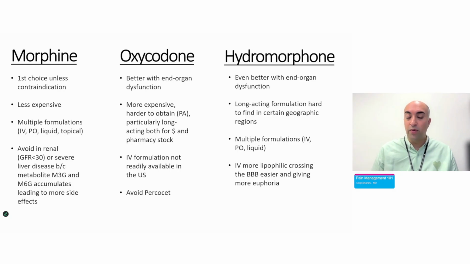We encourage you to avoid Percocet because, based on the Tylenol, it might limit how much oxycodone you can use, unless there's a strong reason to use it and they're on a pretty minimal dose. We would encourage you to separate them. Dilaudid is a little better with end organ dysfunction. For us in New York State, for example, it's really hard to find the long-acting formulation.